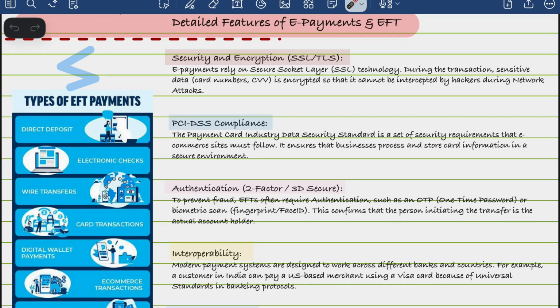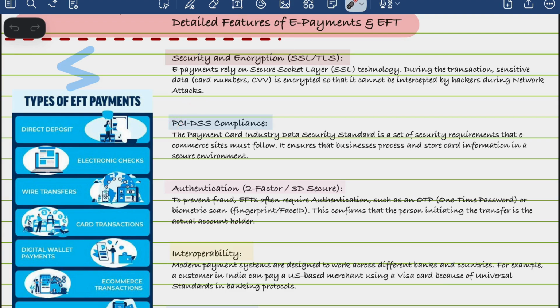It scrambles your 16-digit card number into an unreadable string of random characters. So your card number is protected from network sniffing attacks. If there is any kind of attack on the network while the transaction is happening, this makes sure there is end-to-end protection, and no one can understand what is happening. So the card number is encrypted. This is the first important feature of EFT.